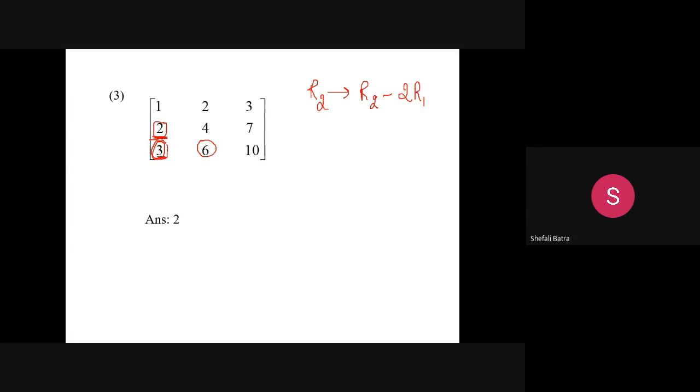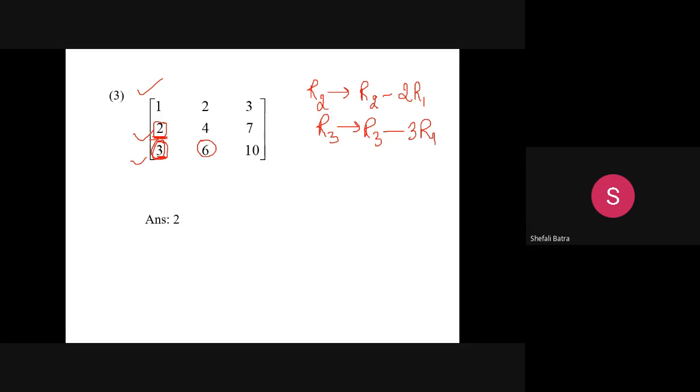For making this 0, again I'm taking the help of R1: R3 implies R3 minus 3 times R1. Keep in mind, beta, this entry is 1, so it would be easy to make this 0 and this 0 with the help of R1. Every time we try to make this entry and this entry 0, we will always use R1.